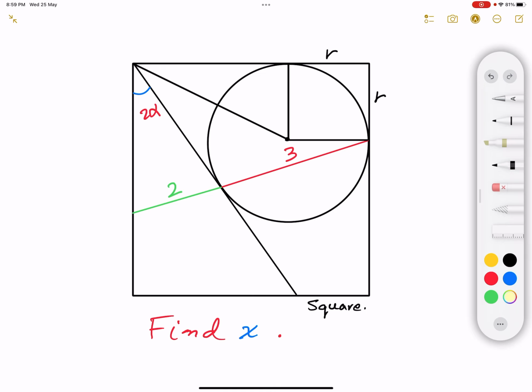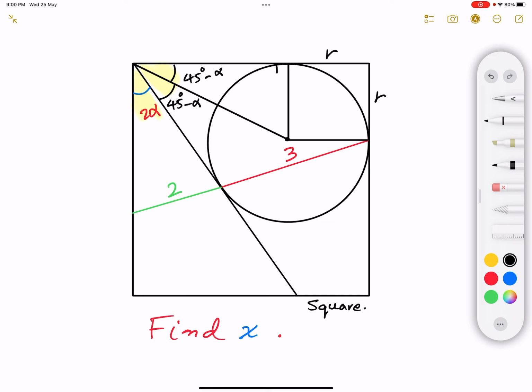So if this angle here is twice alpha, the remaining angle is going to be 90 minus 2 alpha. That makes each one of those, because they are equal angles, 45 degrees minus alpha, and this other angle here is exactly equal to that, 45 degrees minus alpha.